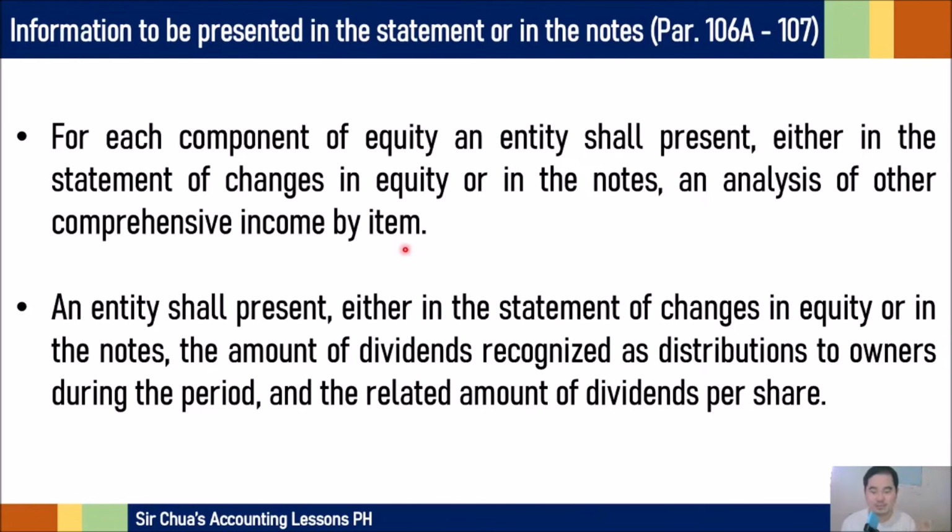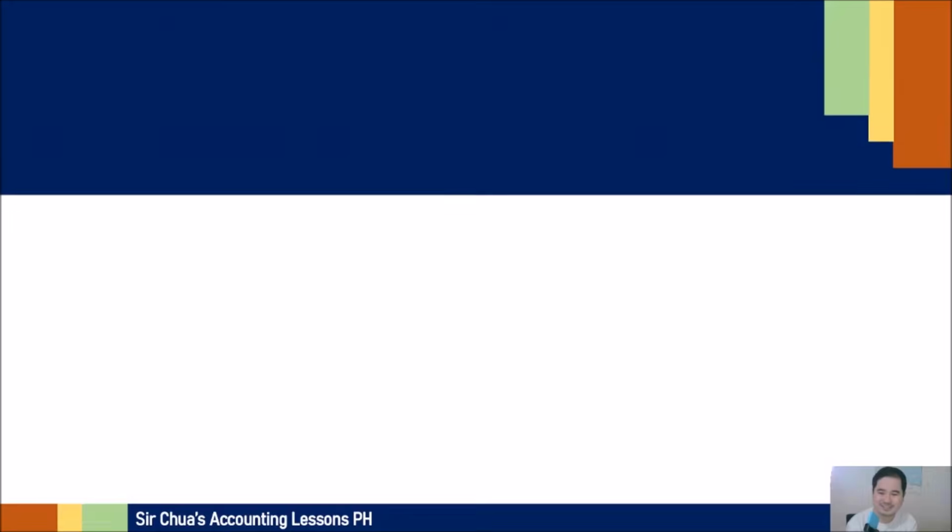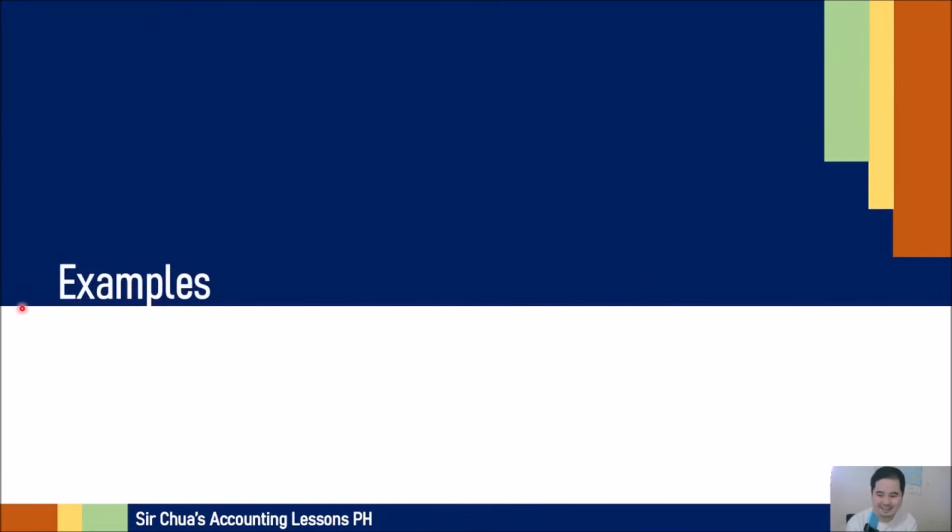We will have separate columns later, shown in our examples. And an entity shall present either in the statement of changes in equity or in the notes the amount of dividends recognized as distributions to owners during the period and the dividends per share. So you can choose, either in the statement itself or in the notes. Okay, let's go straight to our examples.